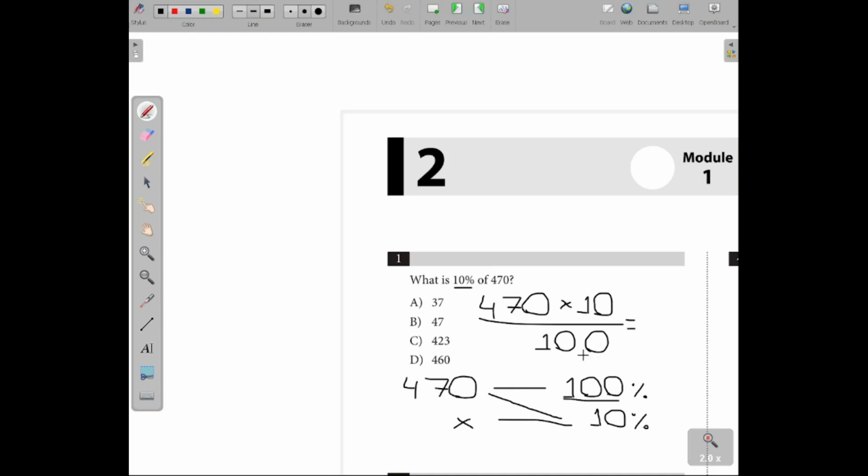Now we can simplify the zeros, this one with this one, and this one with this other one. So we have 47 times 1, 47 times 1 is 47, and 47 divided by 1 is 47. So the answer is B.